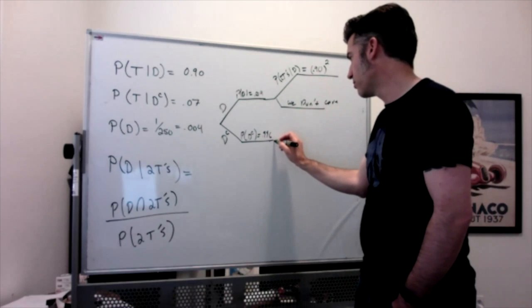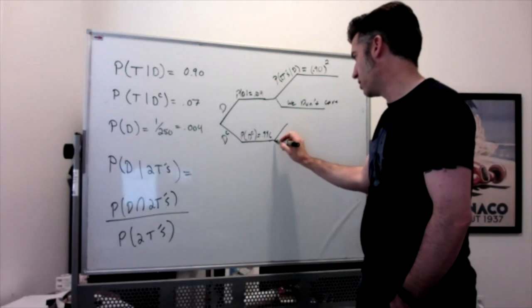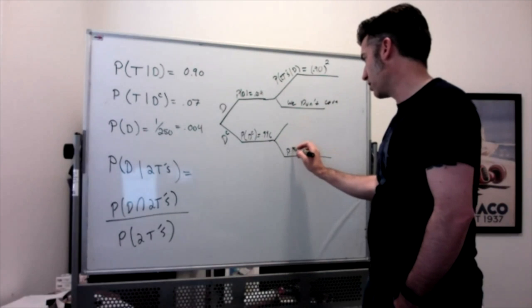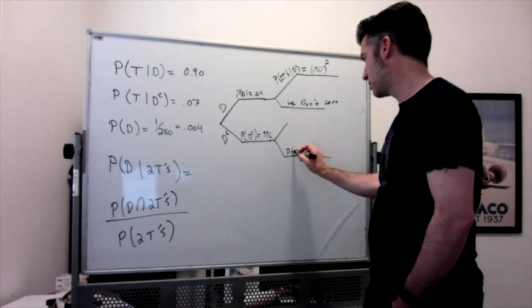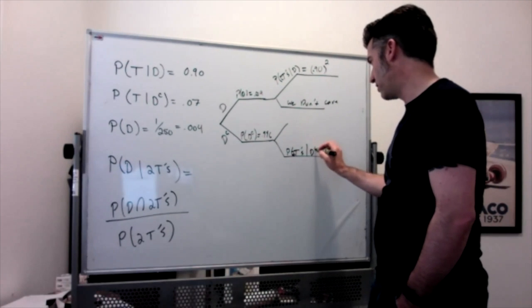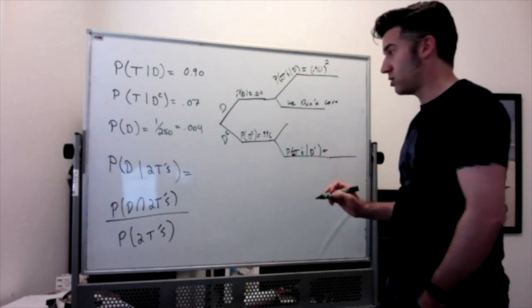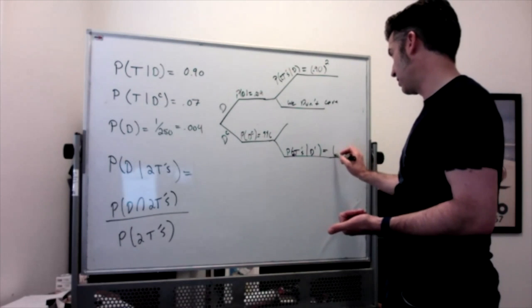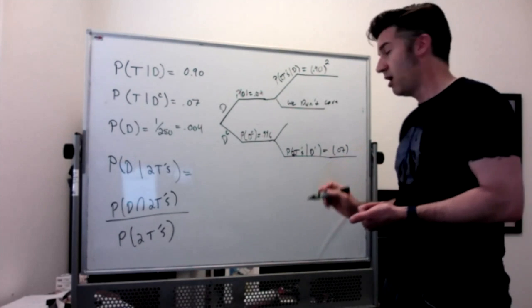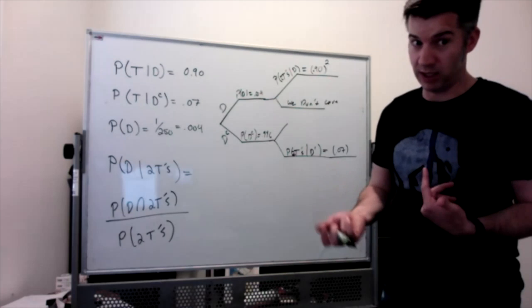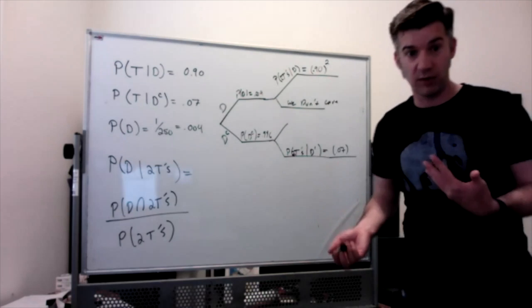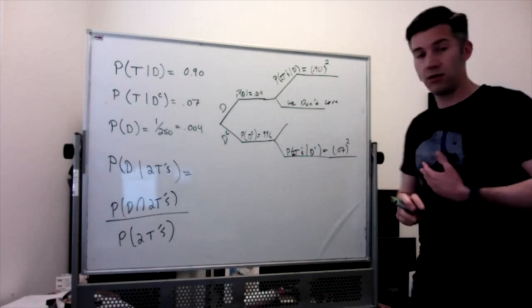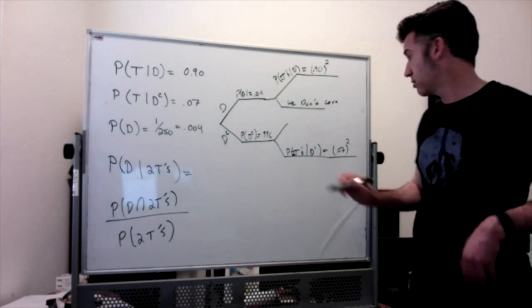Same deal here. You have the probability of having 2 positive tests, given that you don't have the disease. So, right, you have the first positive test, there's a 7% chance of having that, or a 0.07 chance. And then you do another test because you had a positive test, and there's another 7% chance of having that positive test.